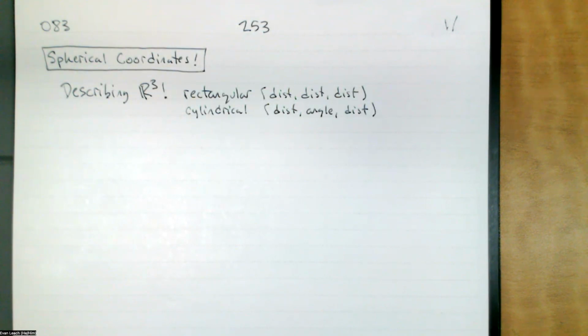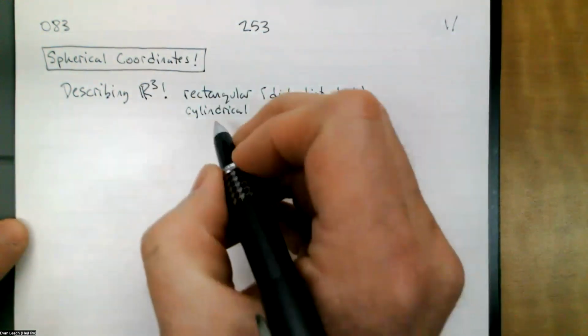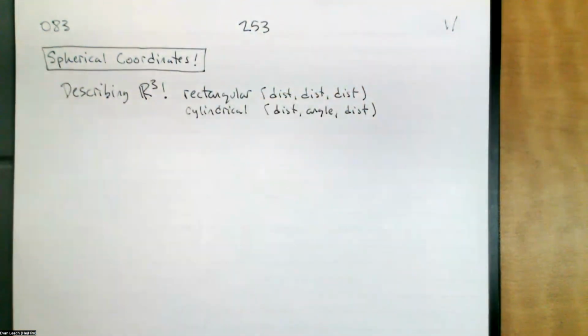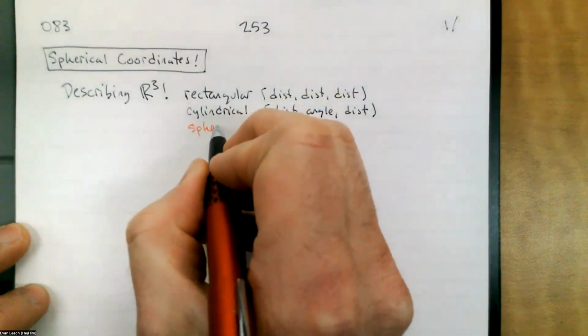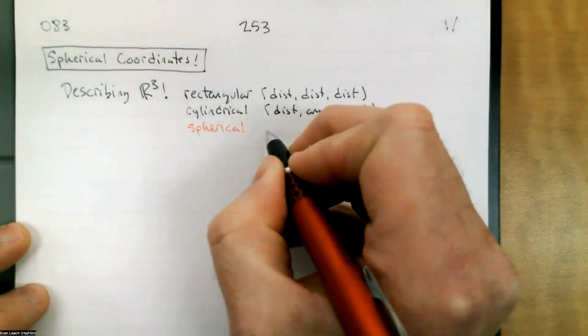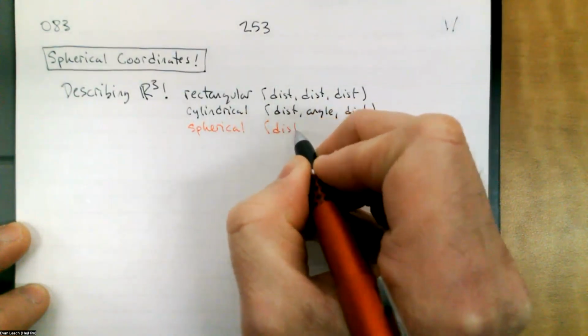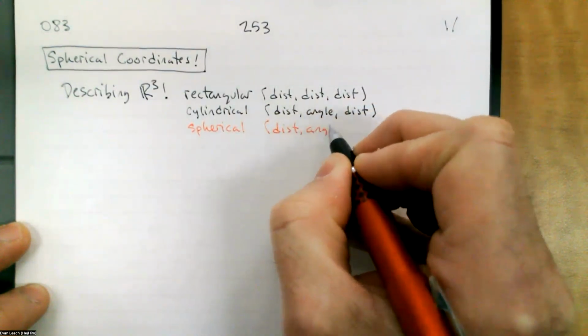When we get to spherical coordinates, we only have one that's going to be a distance. So in spherical coordinates, we have a distance and two angles.